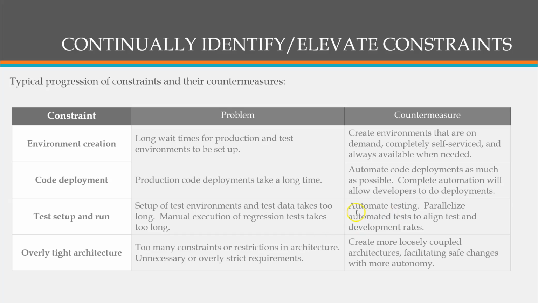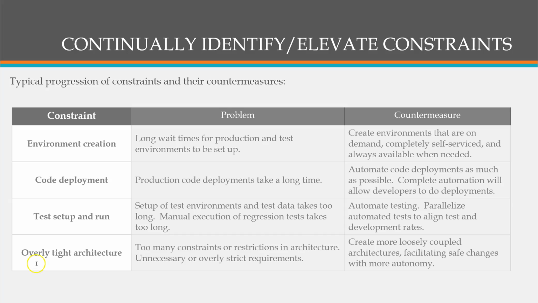And so what you need to do to get around that is to automate the testing, and then to parallelize the automated tests to align test and development rates. The way that I look at that is to put those two things side by side and make sure that the rates are the same, development and testing, so that you're working at basically the same rate.